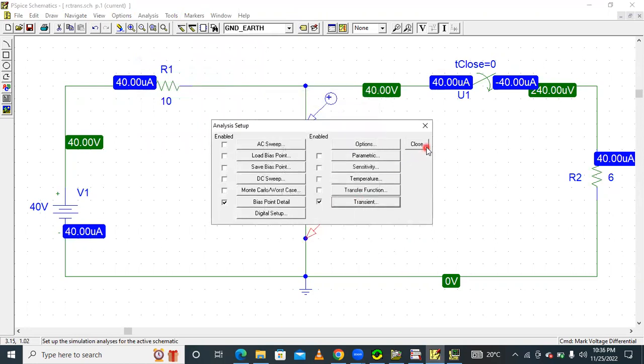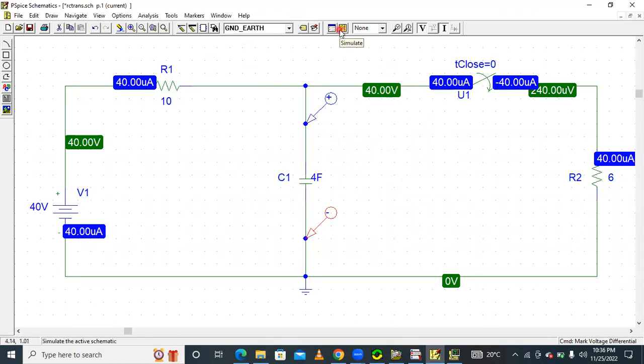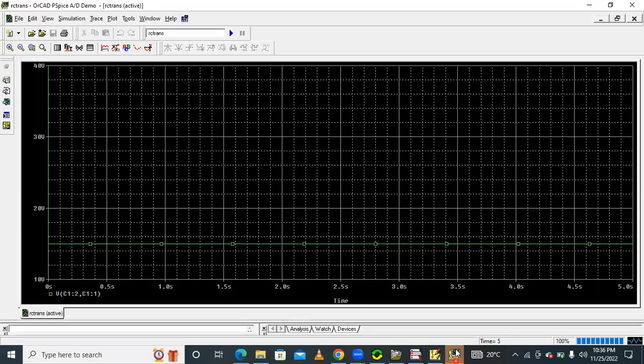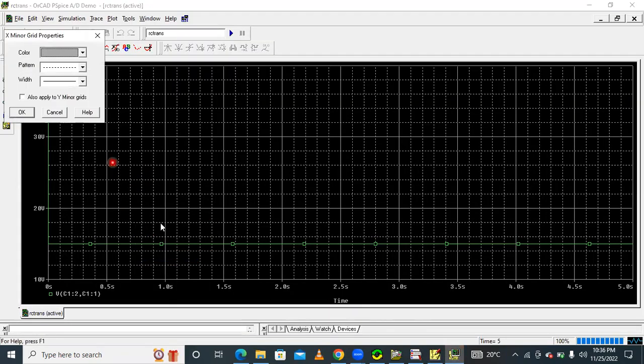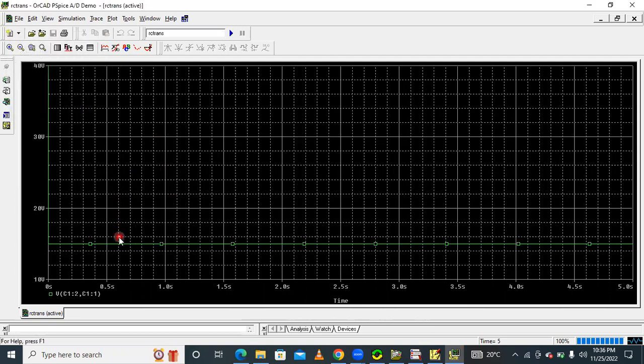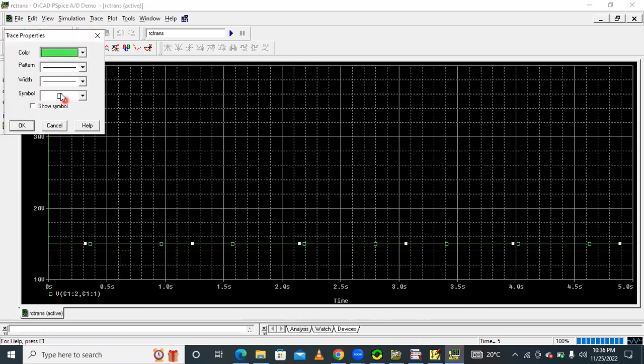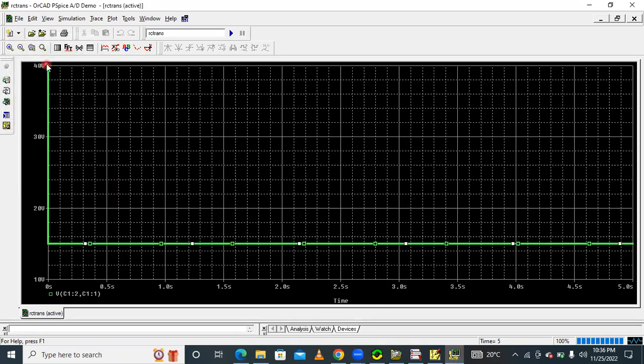Then okay, close, and simulate. In this way, the voltage across the capacitor is decreasing.